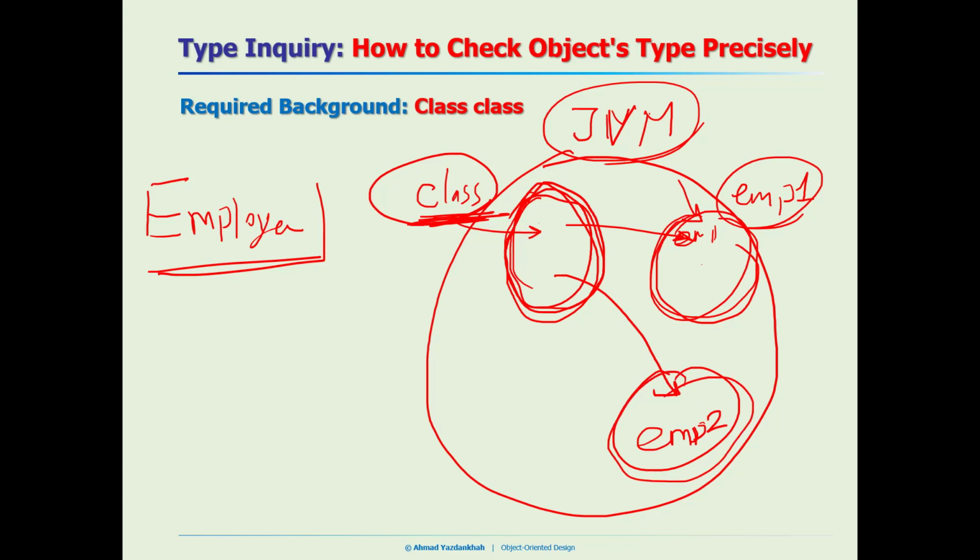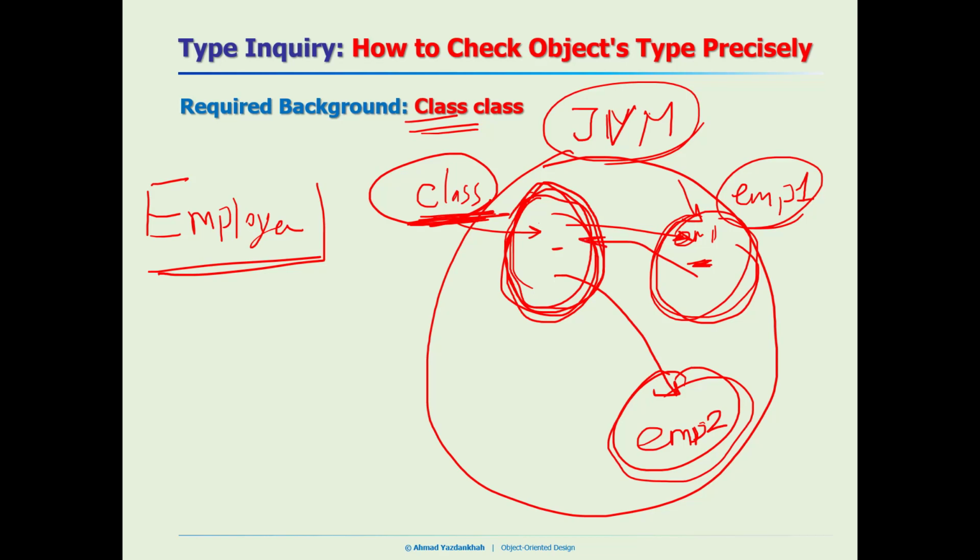The mechanism and the detail is beyond this course right now, but just keep in mind that a class object will be created. So this class guy, all right? How can we have a reference from here, for example, to this class? It is hidden to us as the developer, but we can have access to this information.